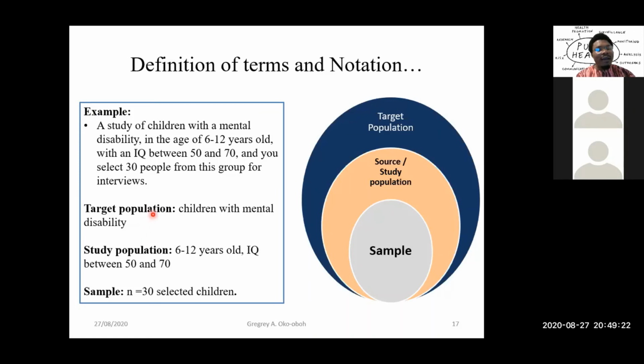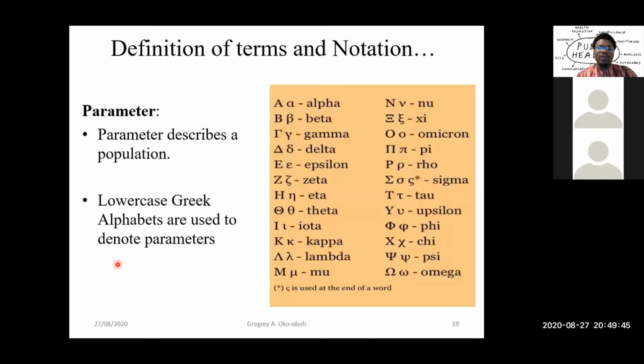And surely you cannot have access to all of them. So what is your study or source population? 6 to 12 years old with an IQ between 50 and 70. This you may be able to get access to. And then when you pick from this, you get your sample. And in this case, they pick 30 children. So this is an example of how you relate target, study, and sample population.